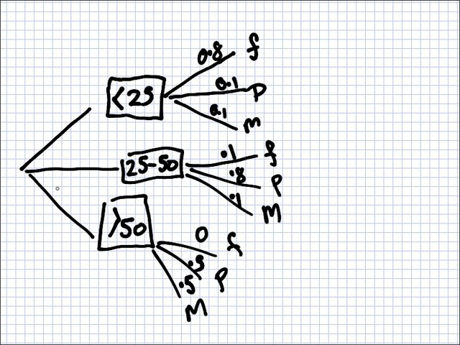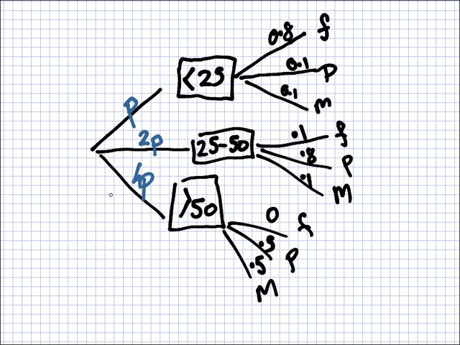So there's a couple of ways to think about it. If you call this probability P, then this one must be 2P, because there's twice as many here than here. And likewise, if this is 2P, this must be 4P, because there's twice as many here as here. Therefore, we can get the P, because the total has to be 1.